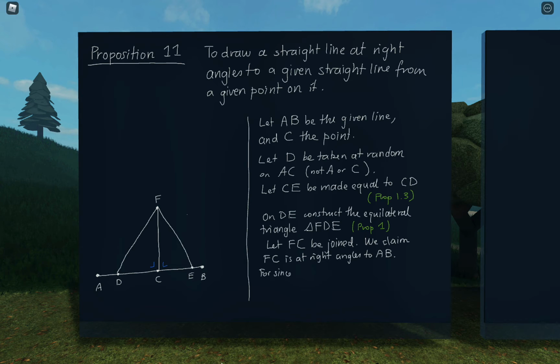For since DC is equal to CE by construction, and CF is common, and we know the other sides of those two triangles are equal, namely FD is equal to FE, because that was an equilateral triangle, it follows from Proposition 1.8 that the angle DCF is equal to the angle ECF.